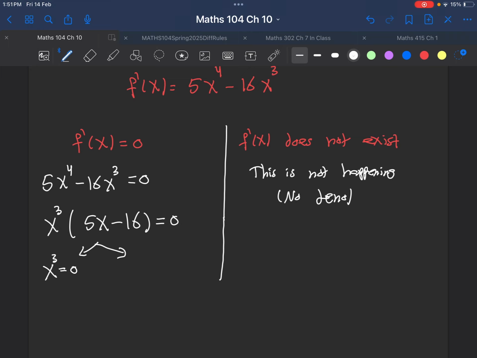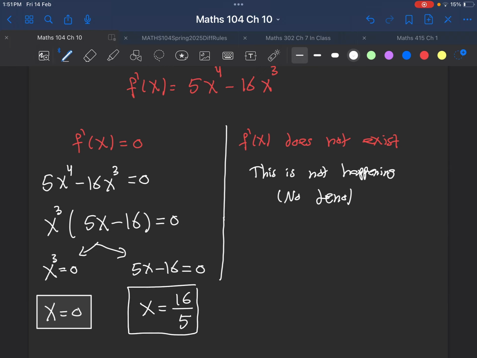The next step, we have two options for this one. Either x cubed equal to 0, which means x is equal to 0. The second option is 5x minus 16 equal to 0, which means x equals 16/5.